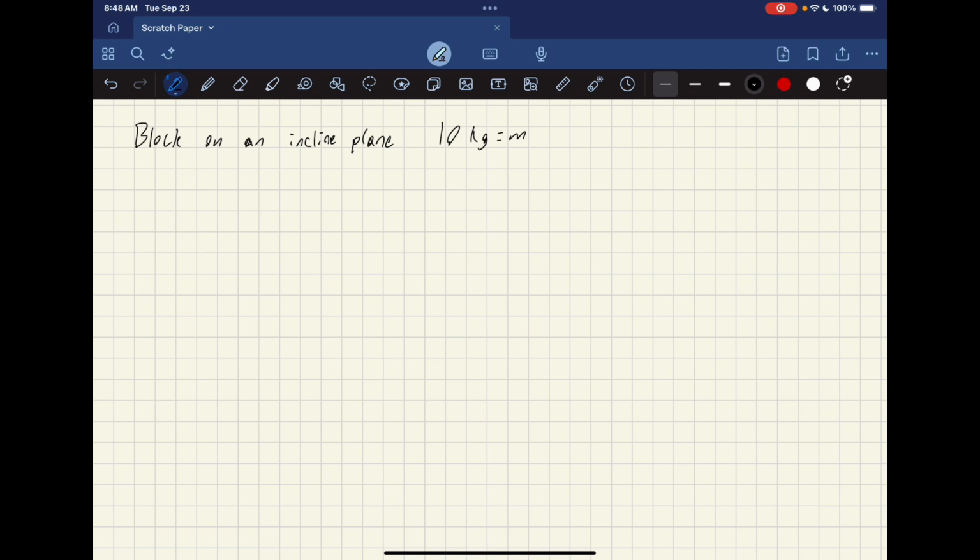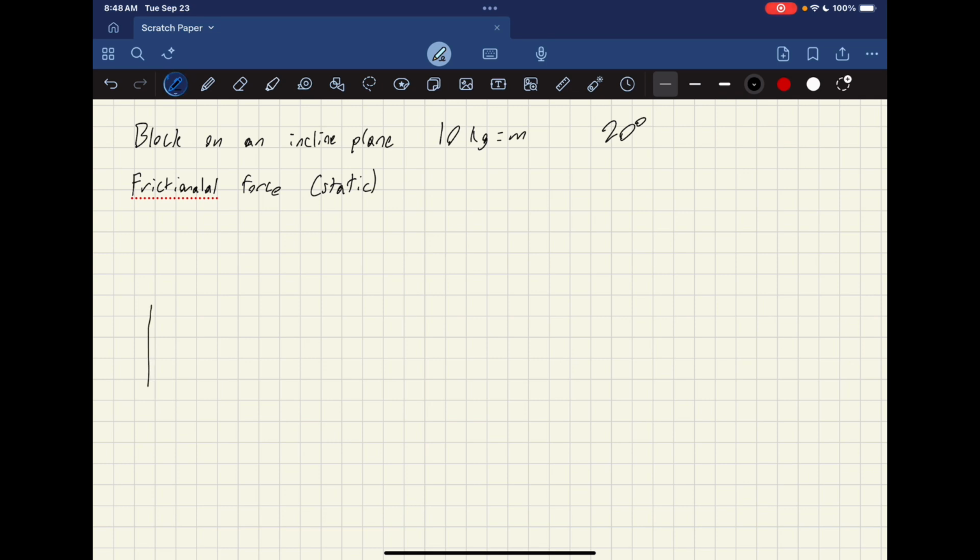And this time, let's throw friction into the system. We'll say that there is a frictional force, and let's say that the system isn't moving. We'll say it's a static friction. So, static. We'll say our plane has an angle from the horizontal of 20 degrees.